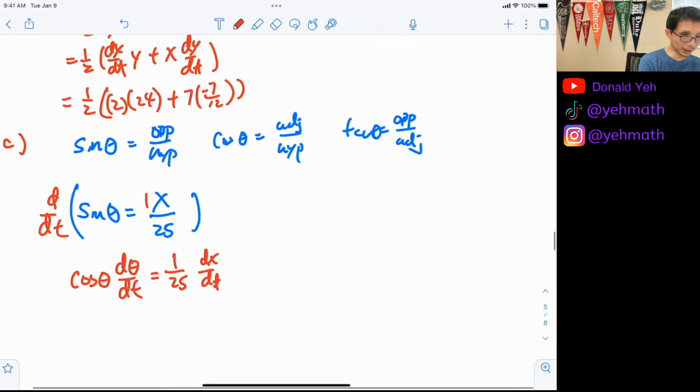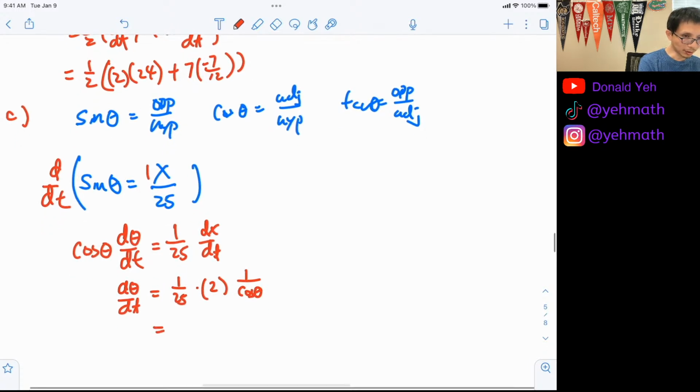Now I'm going to have d theta dt equal to 1 over 25 times dx dt, right? dx dt is 2, and times 1 over cosine theta because it's divided by cosine theta. That's equal to 1 over 25 times 2 times secant of theta.